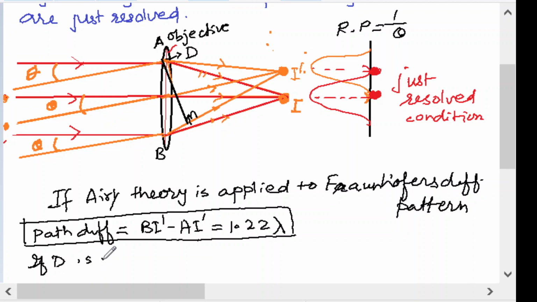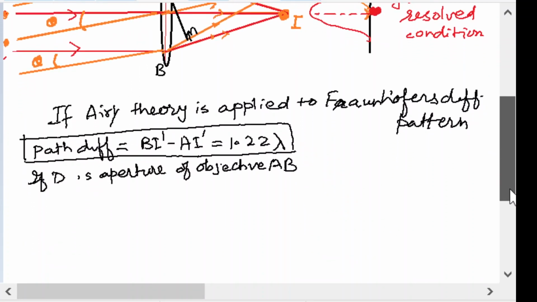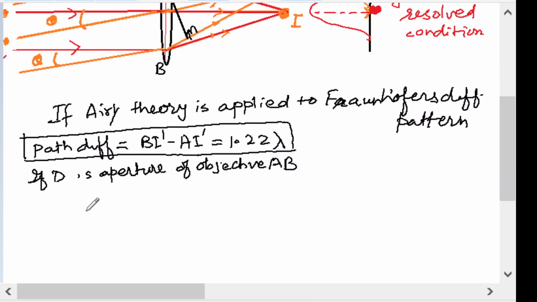so if D is the aperture of objective AB, we can write here this is equals to the path difference, and that is equals to bi dash minus ai dash, which is equals to d into theta.